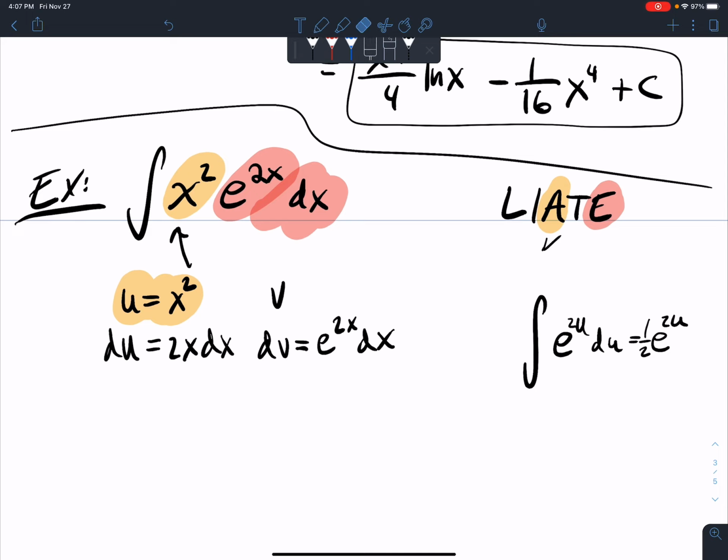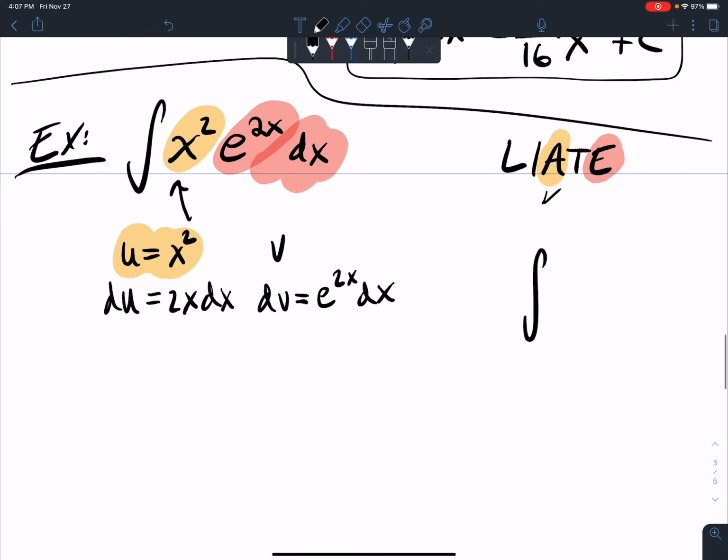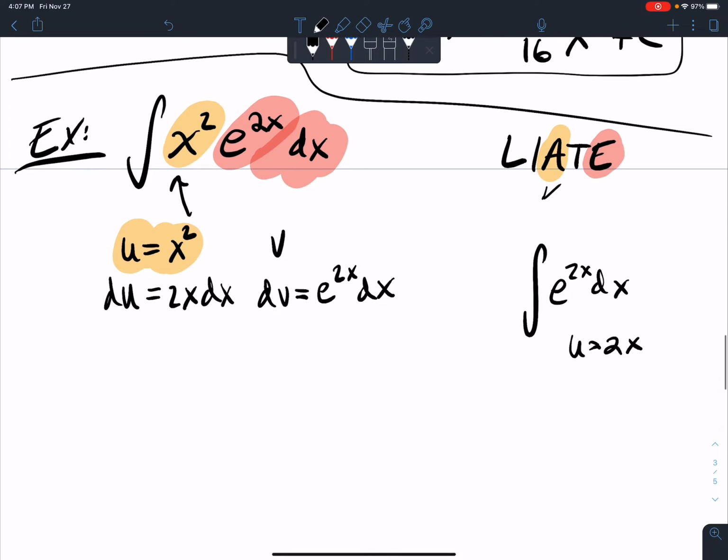So if you need to see that, I guess I can show you this one time, just going back to Cal 1 stuff. Integral e to the 2x dx. If I was going to integrate this, I'd do a u substitution, 2x. And so this would be du equals 2dx. So then I would replace 2x with u, and that takes care of this piece here.